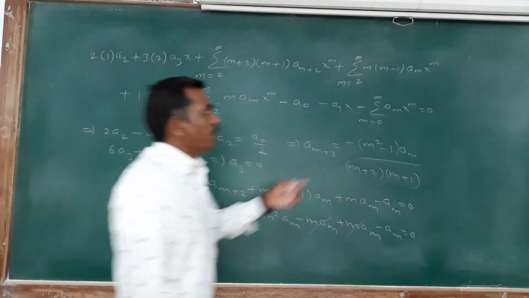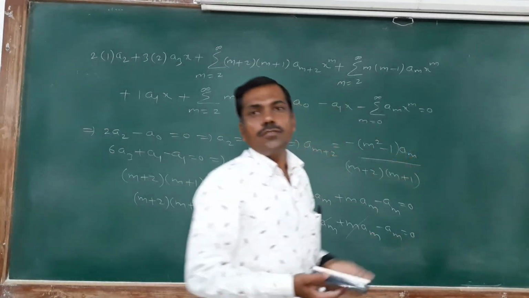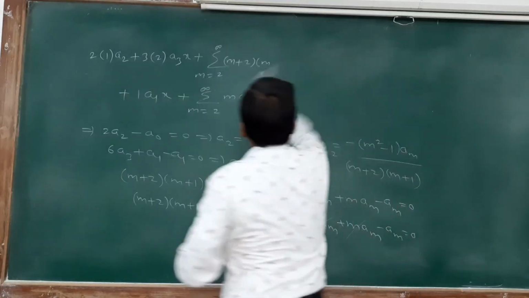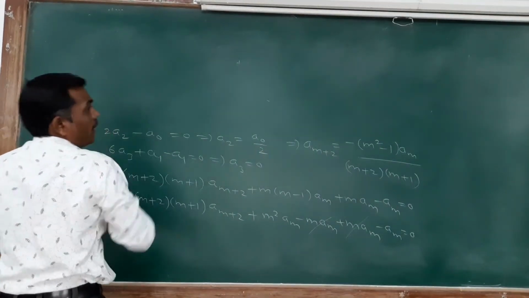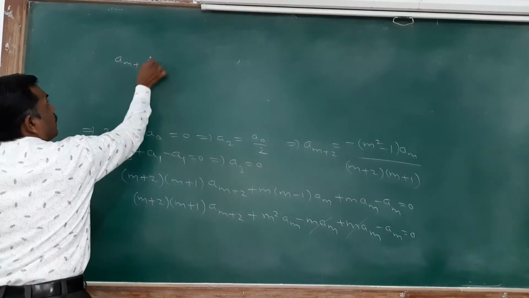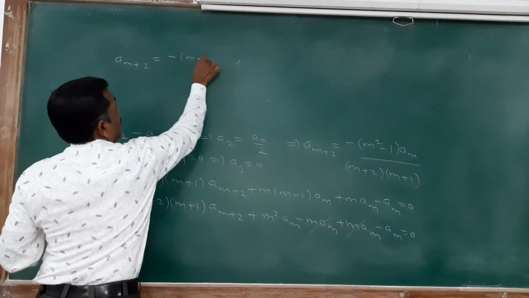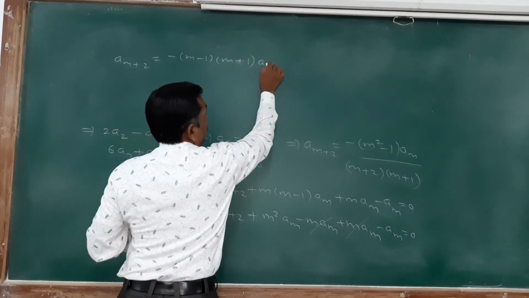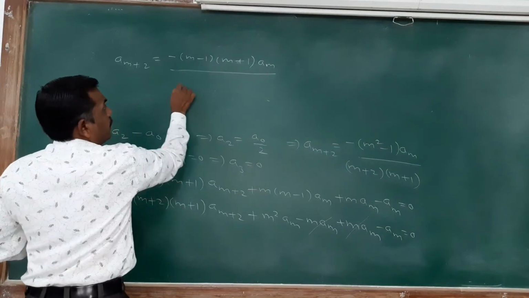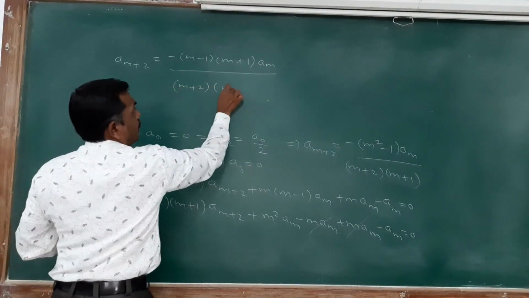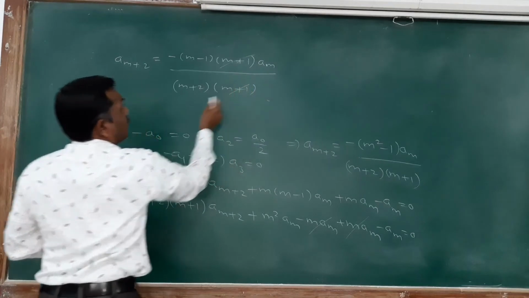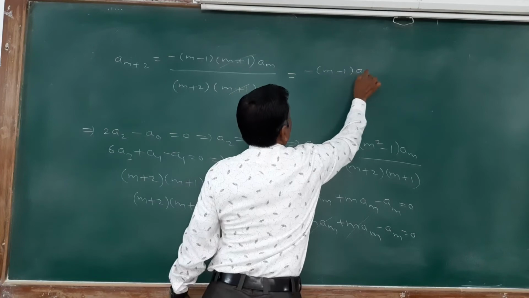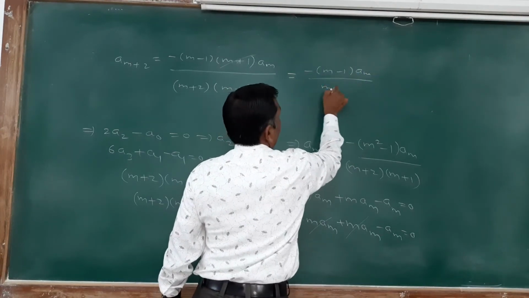Again m square minus 1 we can write m minus 1 into m plus 1. So my value of am plus 2 is equal to minus m minus 1 into m plus 1 am divided by m plus 2 into m plus 1. So m plus 1 gets cancelled. Our answer is minus m minus 1 am divided by m plus 2.